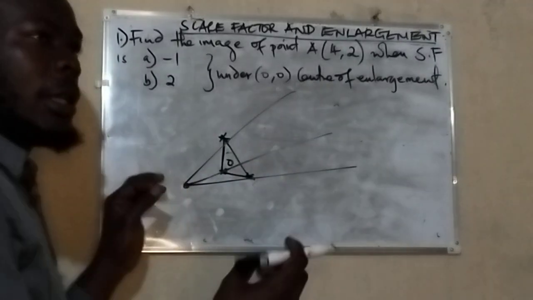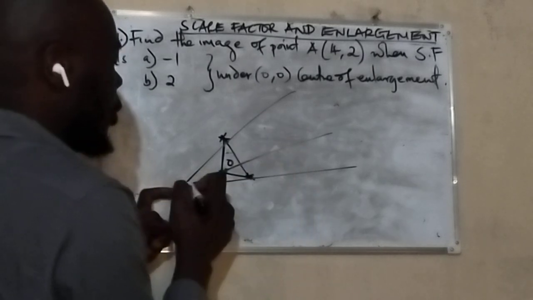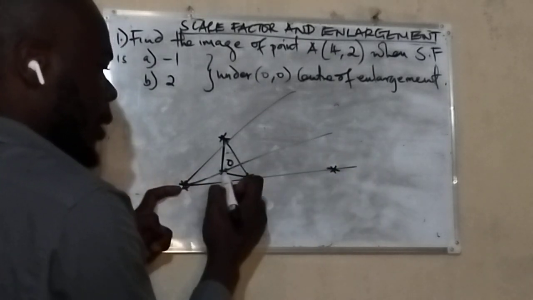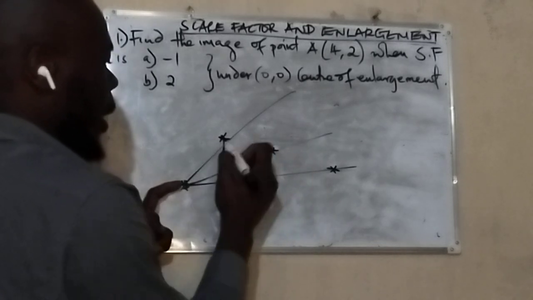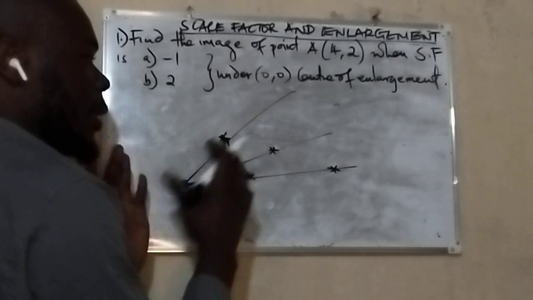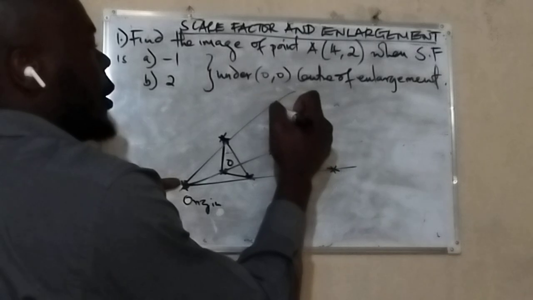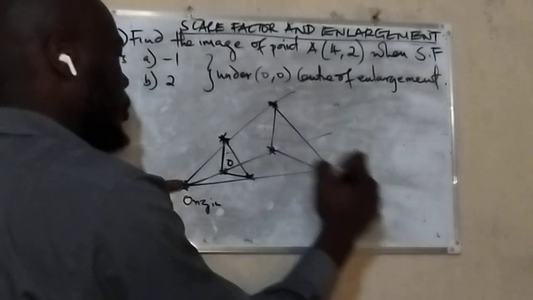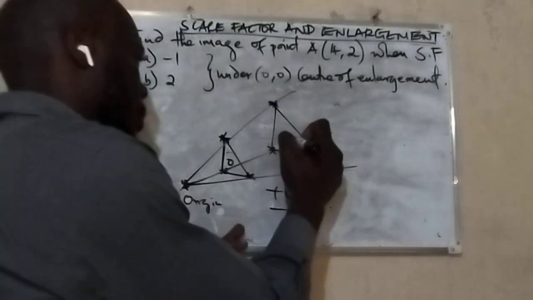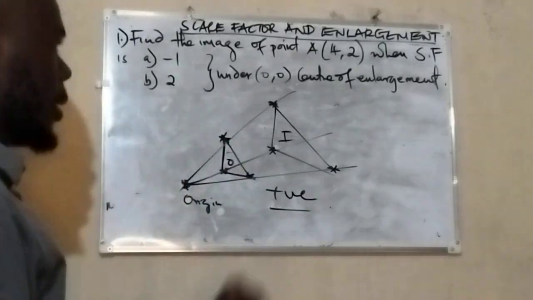If the enlargement is 2 times, you multiply this distance by 2, then again you measure from that center up to the other point. The same applies to this distance. If it is times 3, again multiply that distance by 3, then measure from the origin. So this kind of enlargement is positive. The image and the object lie towards the same side.